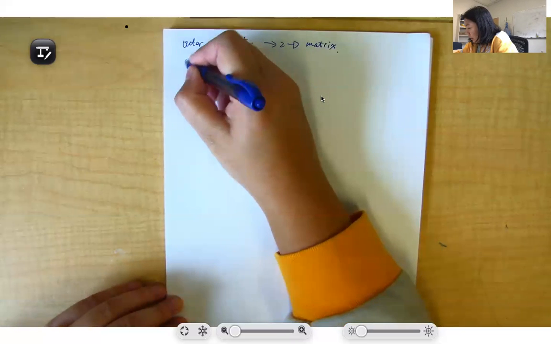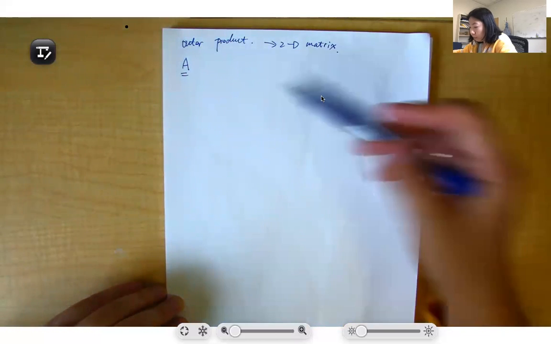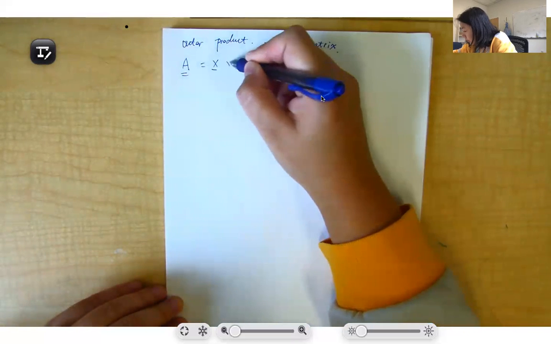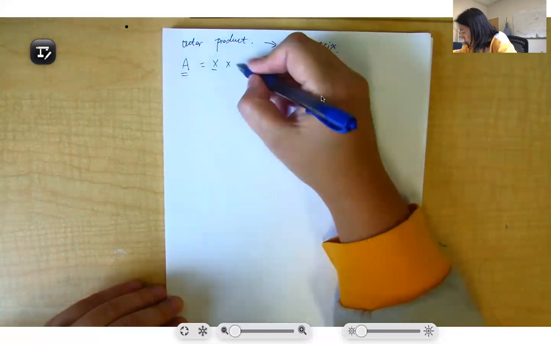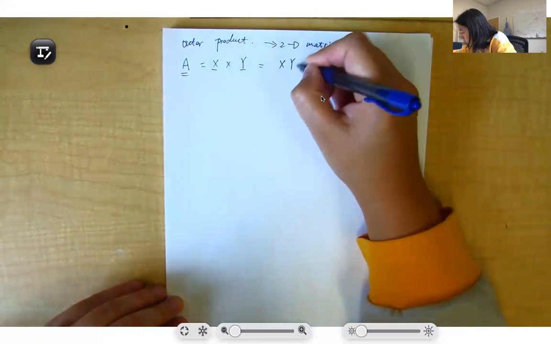So you can say this A, if that is a 2D matrix, you put 2 underlines there, equals x times, so this is the outer product, y, which equals x y transpose.